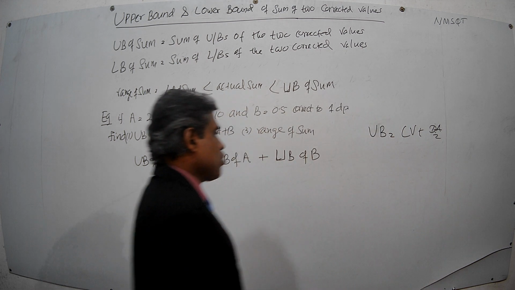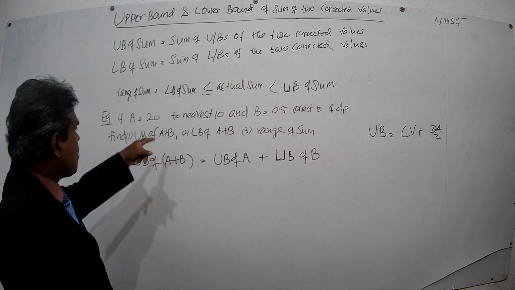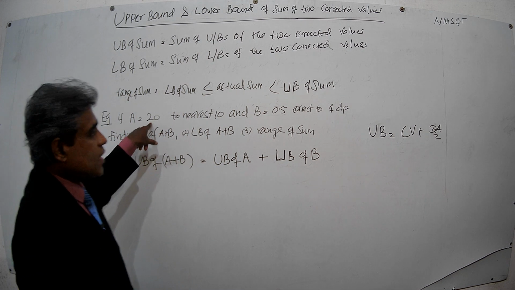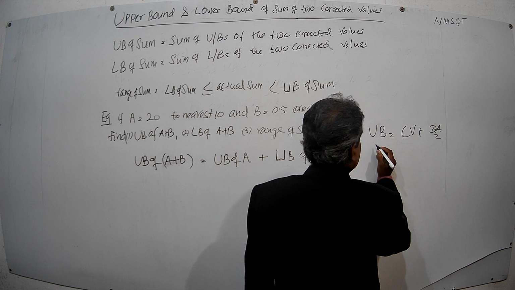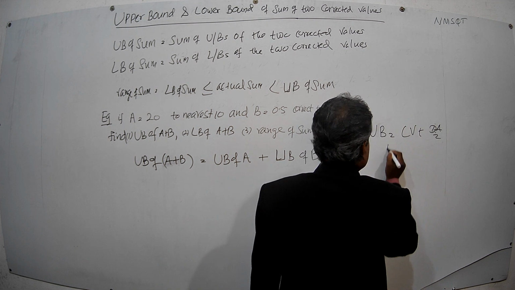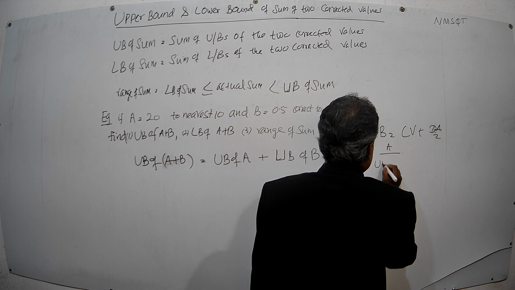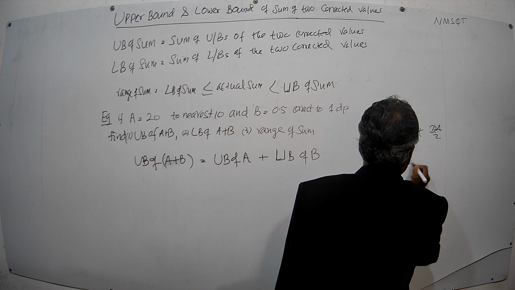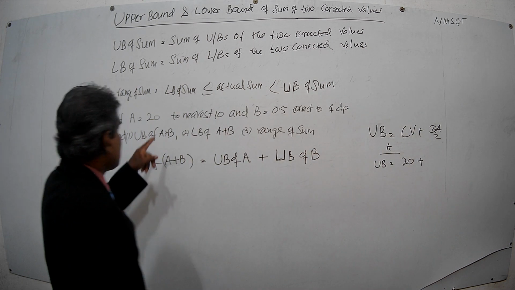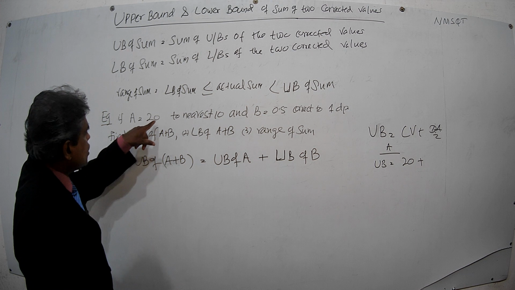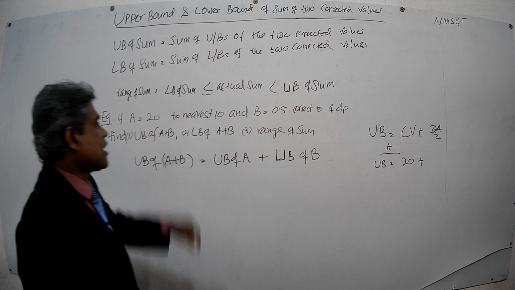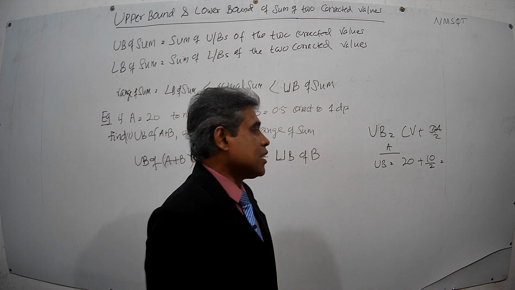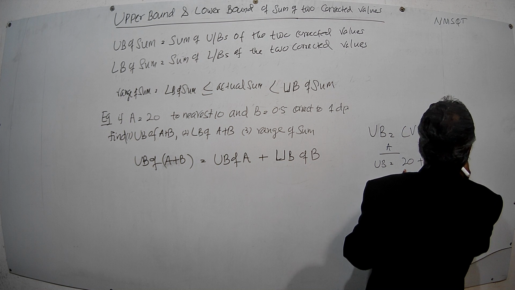If I apply that formula, I can find the upper bound of A and B. They say A is to the nearest 10, so 20 is the corrected value. The upper bound equals the corrected value, 20, plus the degree of accuracy over 2. To the nearest 10, the degree of accuracy is very clear, it is 10. So 10 over 2, that is 10 divided by 2, is 5. Then 5 plus 20 is 25.